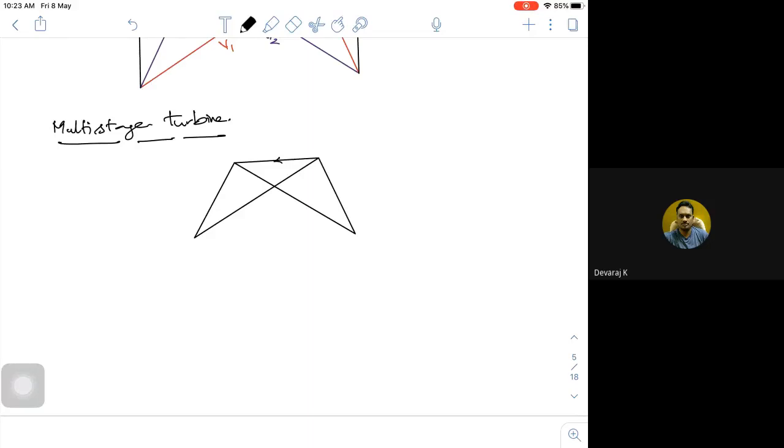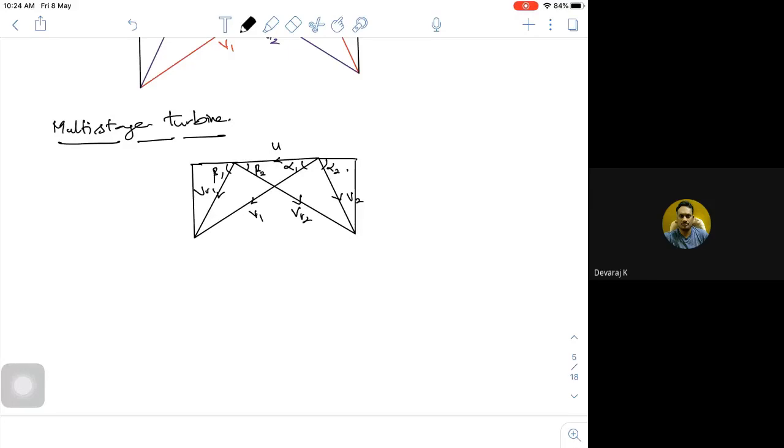Okay, so this is my V1, VR1, VR2, V2 and U2. This is my beta 1, beta 2, alpha 1, and alpha 2. I got my first stage.